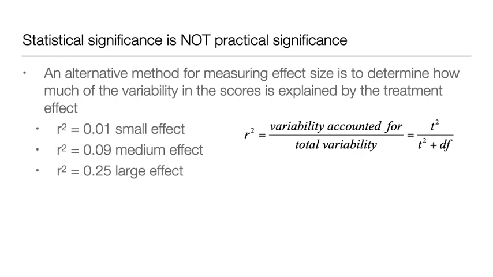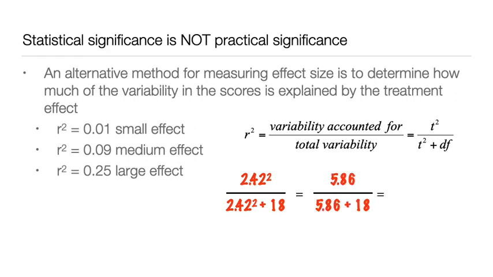So here what we're going to calculate, we're going to take our t value and square it. So our t was 2.42. We're going to square that value. And then for the denominator, we're going to add our degrees of freedom to that. So this gives us 5.86 divided by 5.86 plus 18, which gives us 5.86 divided by 23.86, which gives us an R-squared value of 0.25.